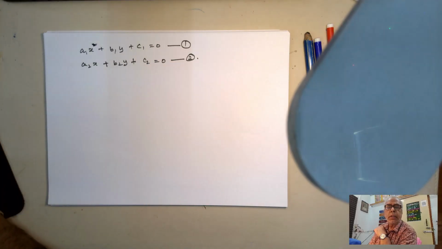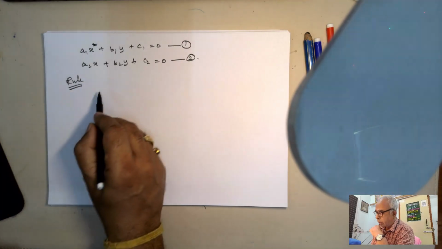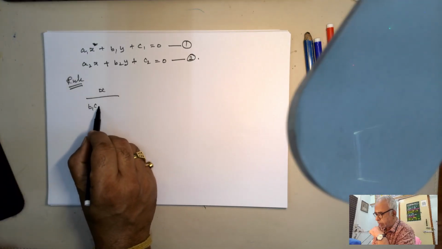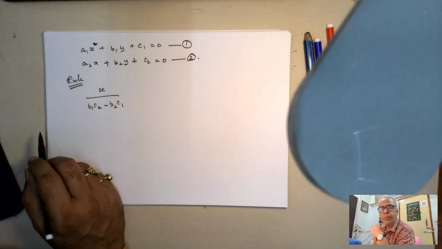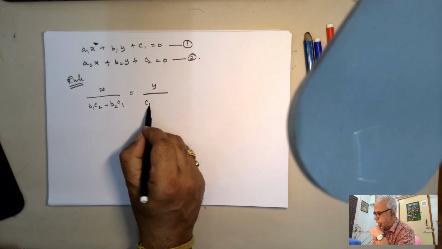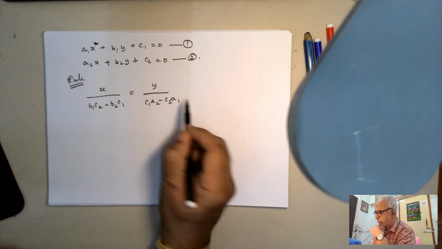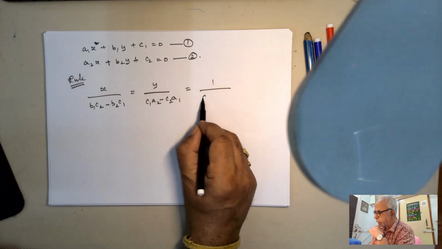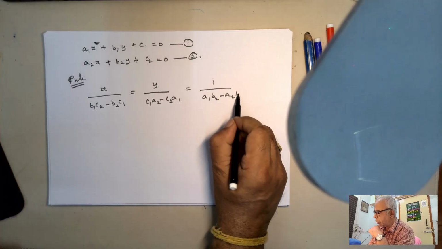So actually, the rule says x divided by b1c2 minus b2c1 is equal to y divided by c1a2 minus c2a1, that is equal to 1 divided by a1b2 minus a2b1.